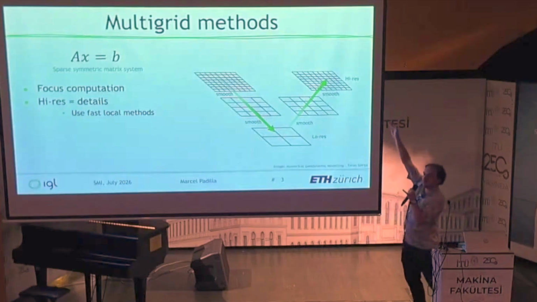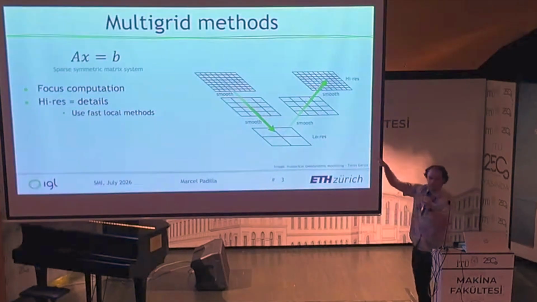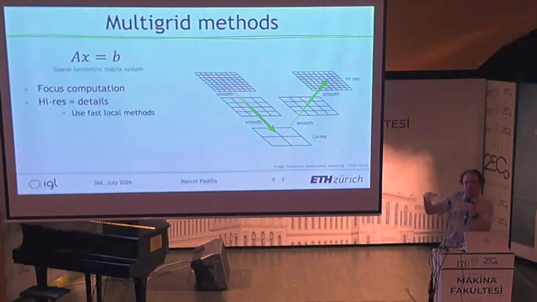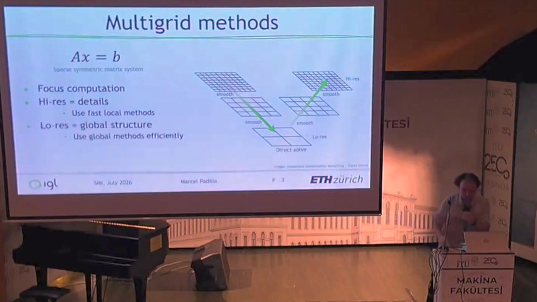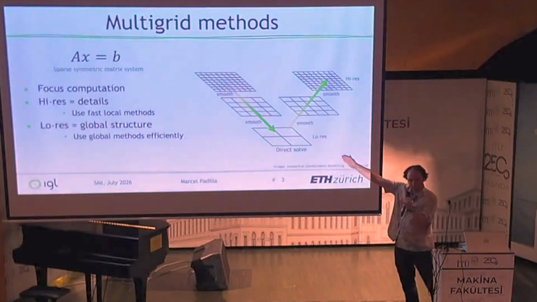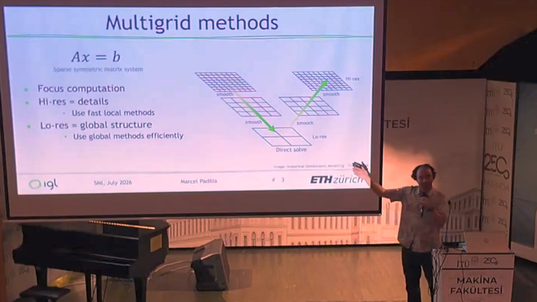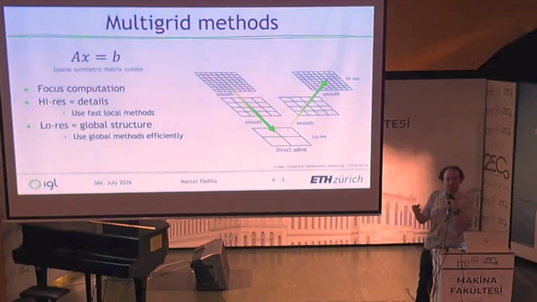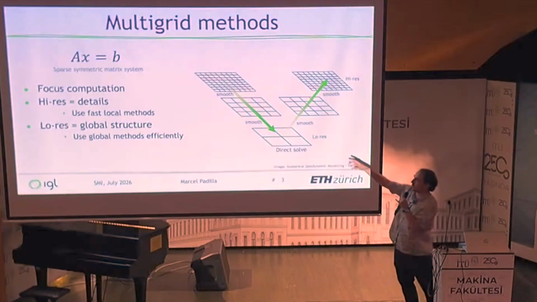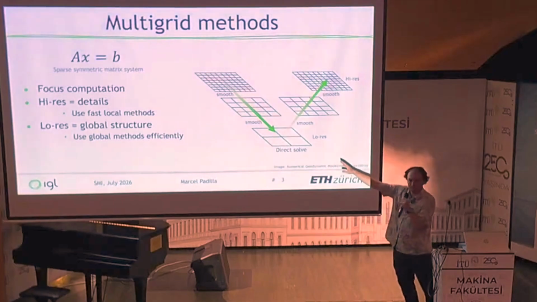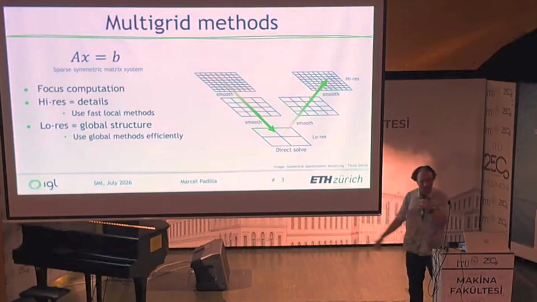So you go to the high resolution to reduce the high frequency error using Gauss-Seidel, and then you go to the medium resolution, and you can focus on those frequencies to resolve. Then you continue until you go to a very low resolution, and there the scaling problem you had at the beginning doesn't happen anymore, and there you can use a direct solver.